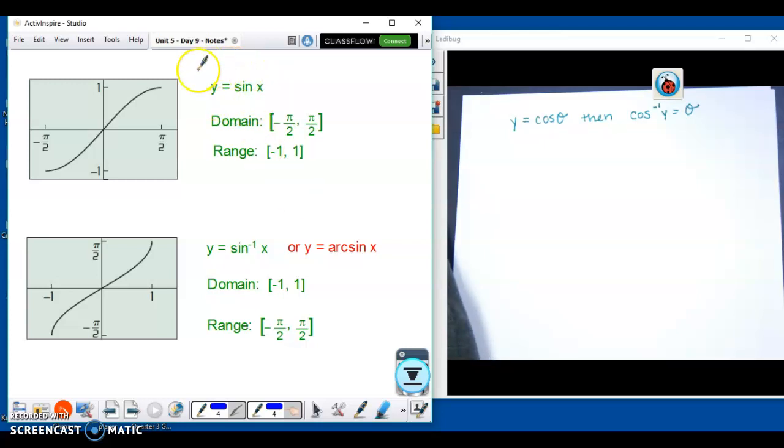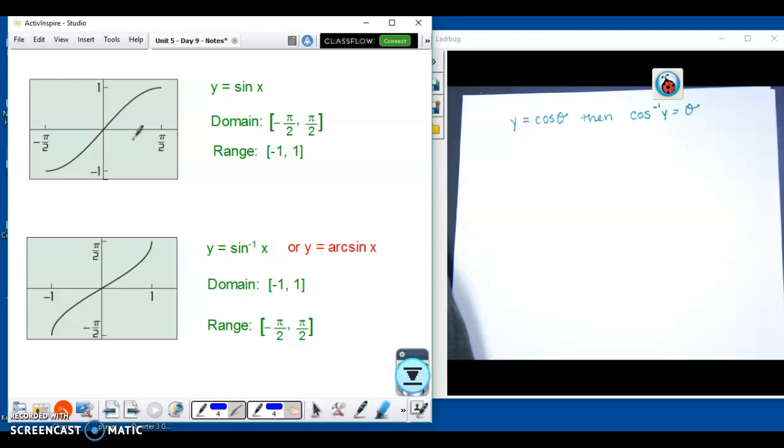But if you were to take a look at the graph of y equals sine x, the graph would look like this shape right here. You've looked at sine and cosine graphs before, but this is just a portion of the graph. This portion does pass the vertical line test and the horizontal line test, so this part of the sine graph would be considered a function.